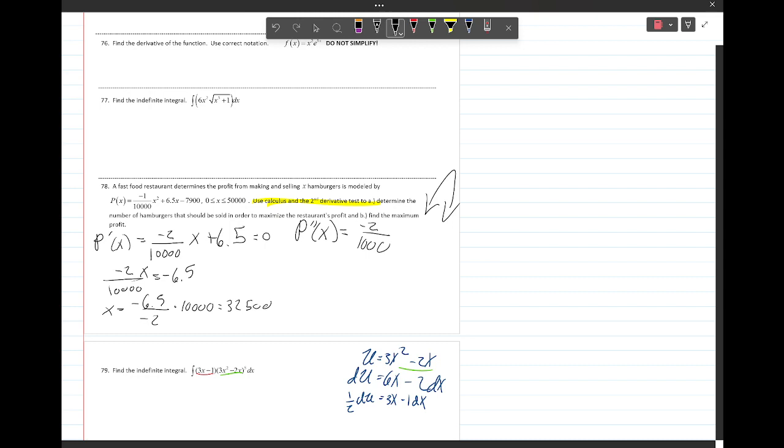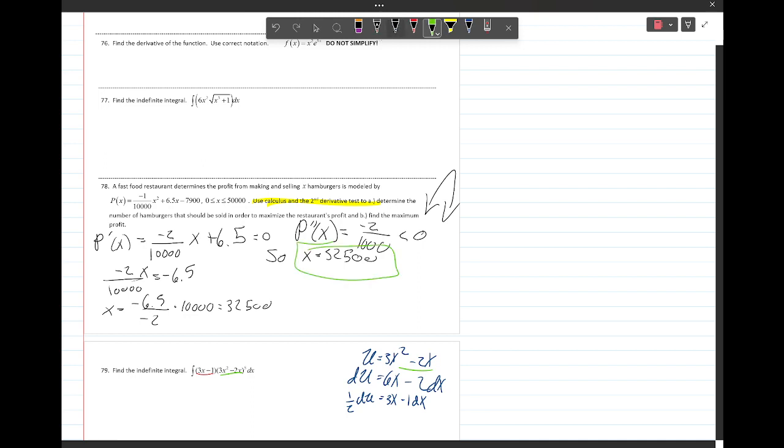So anyway, this is always negative. Don't let that trip you up just because there's no variable. It's still negative. So x equals 32,500 is the answer to A.